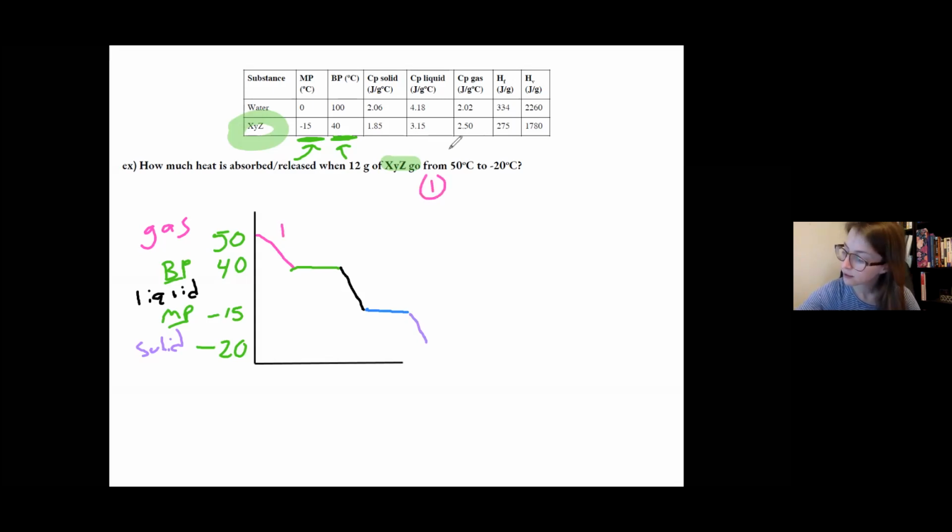Step 1, we are cooling a gas. I reminded myself that it was a gas. 12 grams of it. The CP of a gas for this substance is 2.5. The change in temp from 50 to 40, 50 minus 40 is 10.